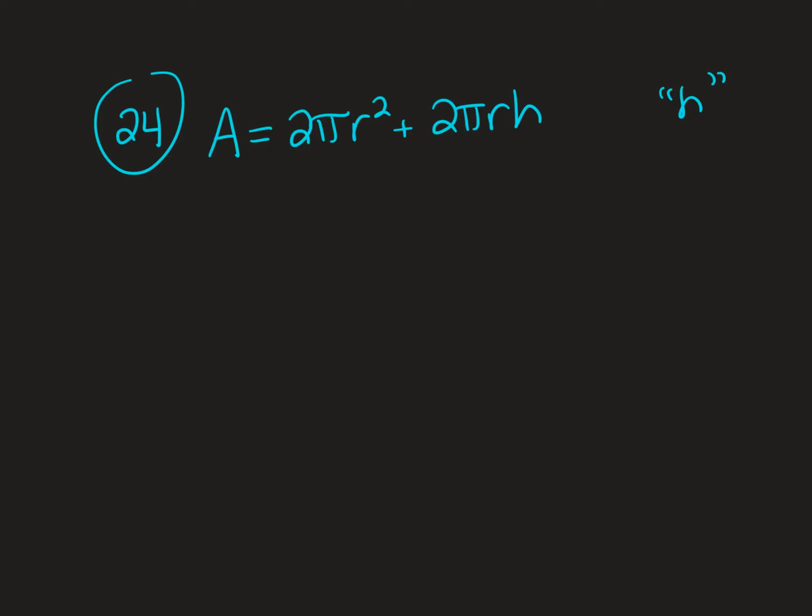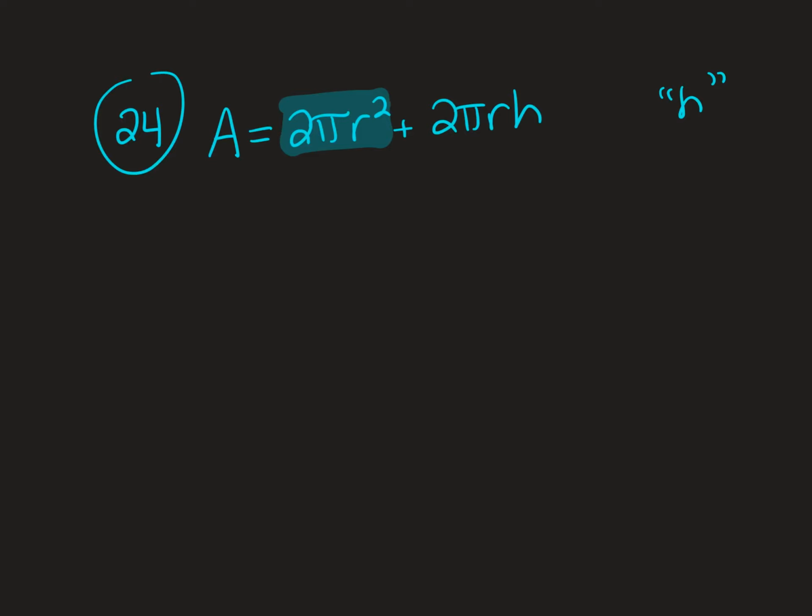So I look at this and I think about the fact that, as ugly as this is right here, that is just a number. We just don't know what number it is because we don't know what r is, but that's just a number. So we're saying some number plus 2 pi r h.